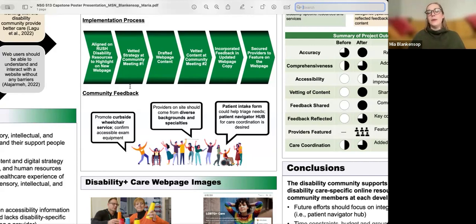The other thing they really emphasized is not just having providers and the videos, which we all then vetted together to find providers who are very relevant and passionate about working with this community, is we wanted to make sure that they came from diverse backgrounds and specialties. This was especially tricky for finding providers who focused on adult patient care.